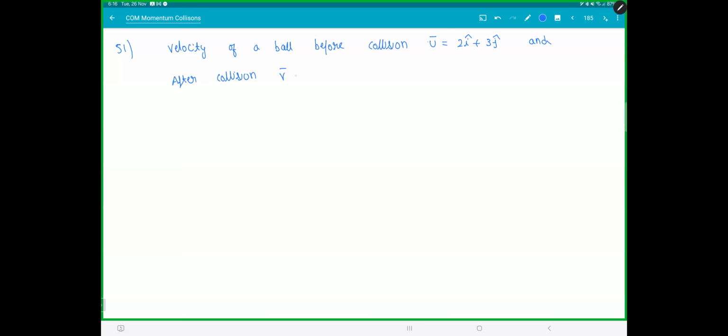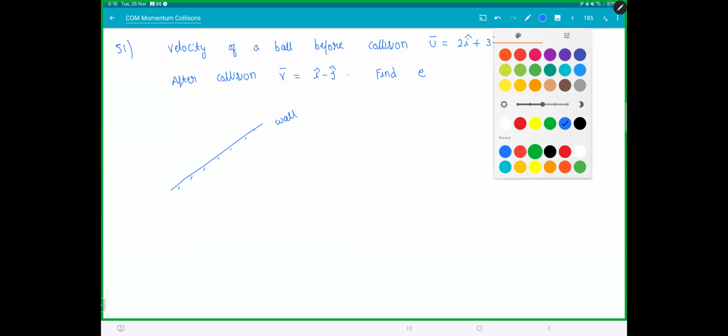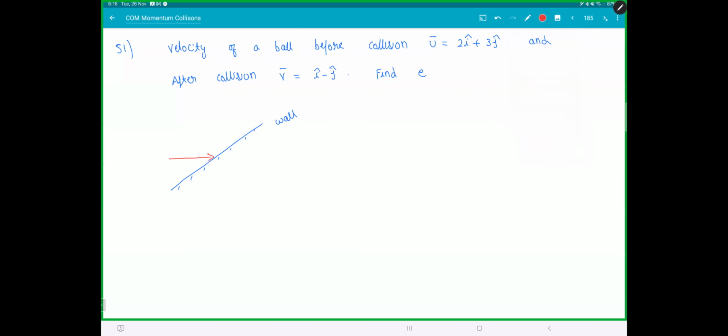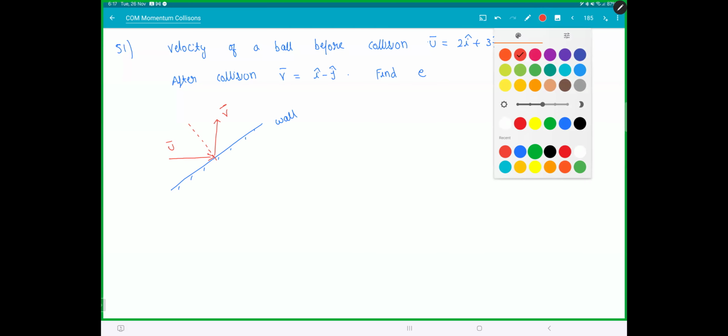After collision velocity v bar is i minus j. Find the coefficient of restitution. Meaning nothing is mentioned about how this is colliding. So there is some random wall here. You went with velocity u bar, you collided with this thing, and then you bounced off with velocity v bar. There is no other info. That's it. You know initial velocity, final velocity, find restitution.